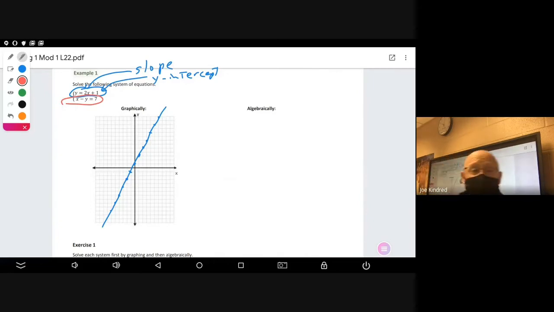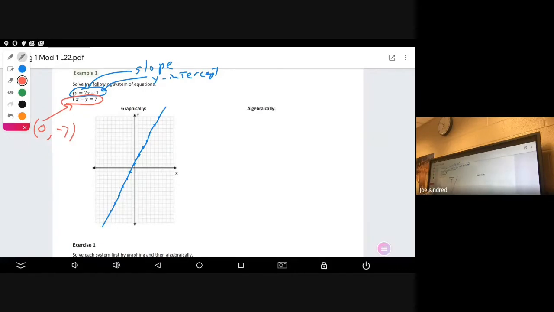Now, one of the things I can use is instead of solving for y, I can use the intercept method to solve this by simply saying, well, if that's 0, I can plug in 0 for x. Plug in 0 for x into this one. And what do you get back? If you plug in 0 for x, you get back -7.